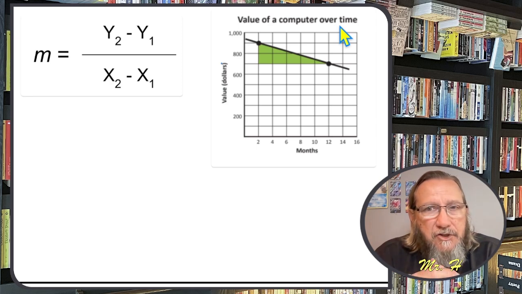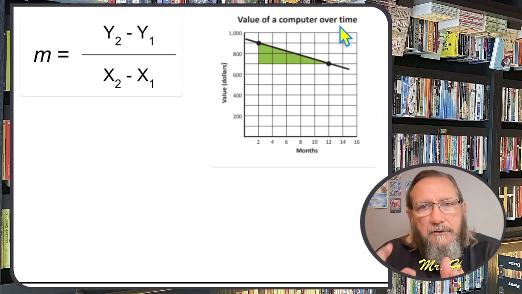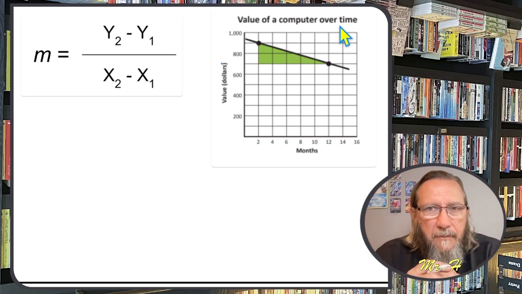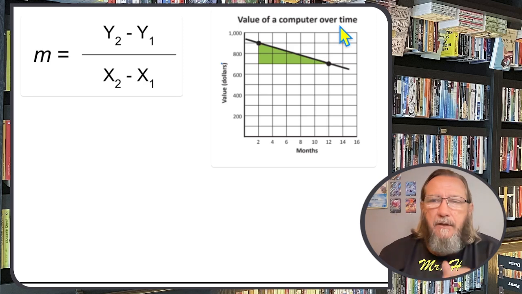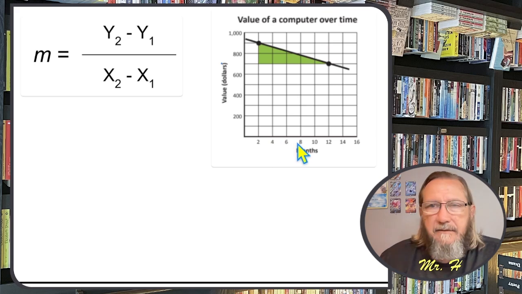You have to pay attention to the scale that the grid is showing for you. The graph we had a minute ago was just one line for every one number. 1, 2, 3, etc. This one's a little bit different. Look at what you've got going here. Every grid line is 2 months, 2, 4, 6, 8, etc.